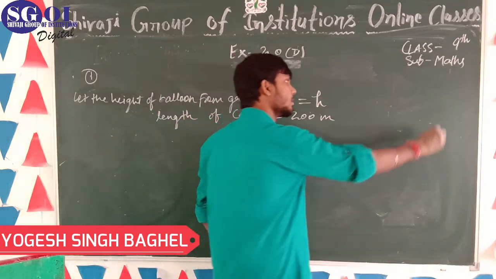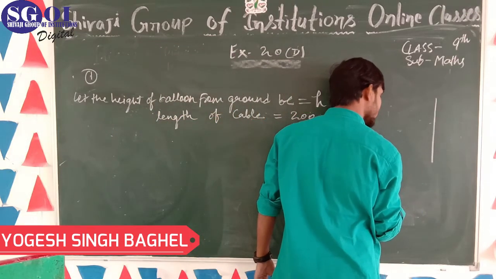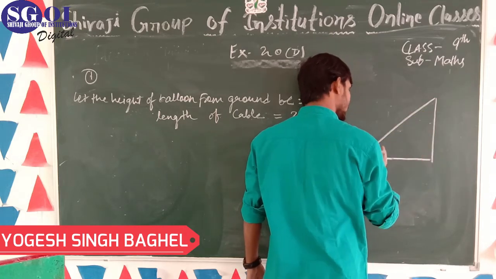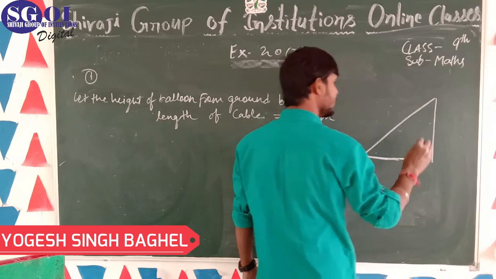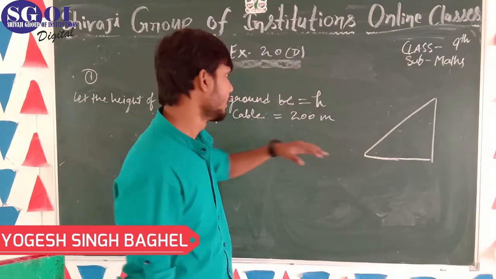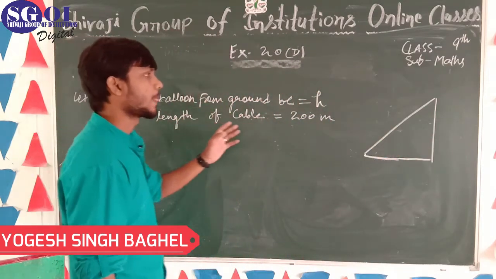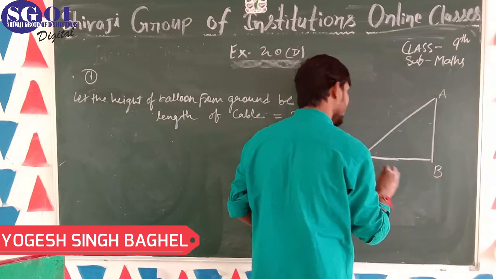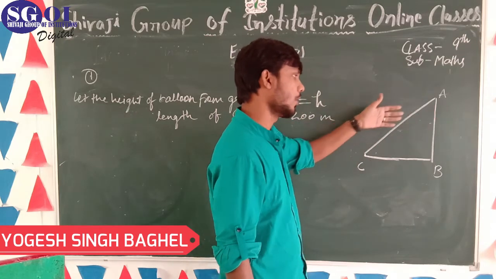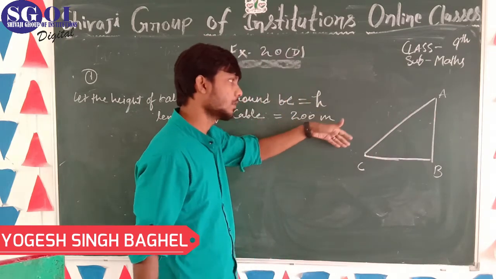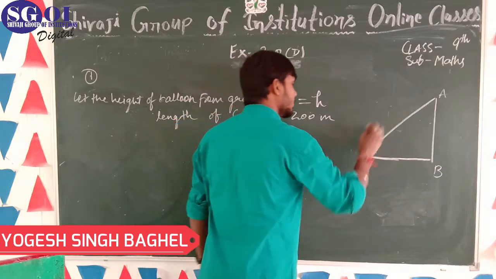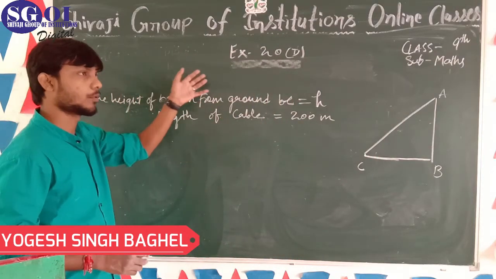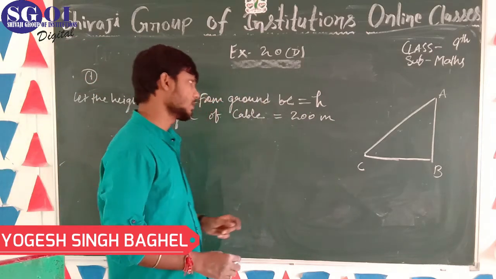Height and distance means there will be questions based on right angle triangles, in which you have to find either a height or a distance. That is why these problems are known as problems based on height and distance.